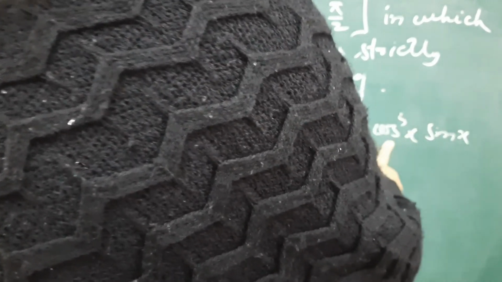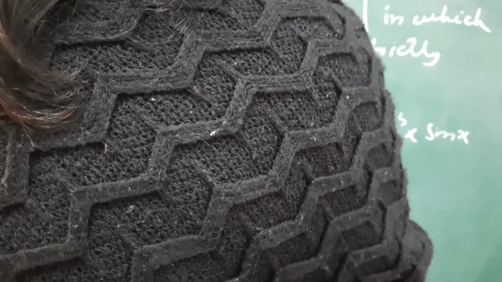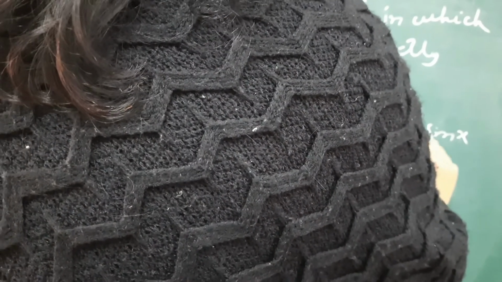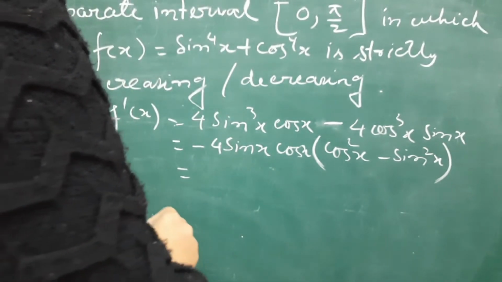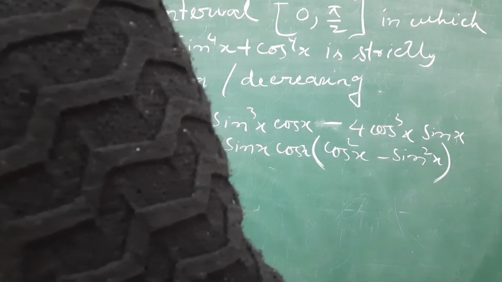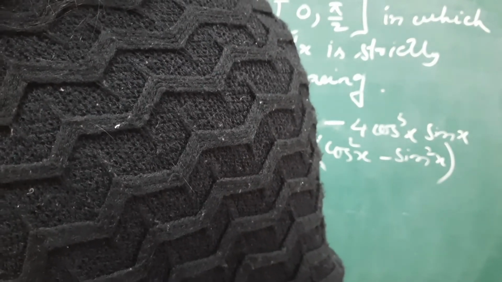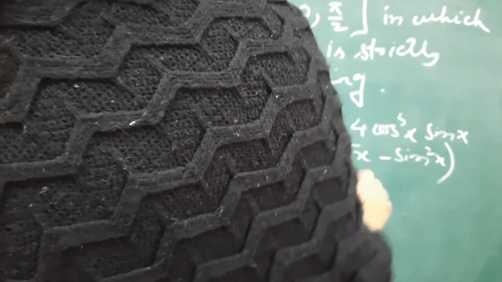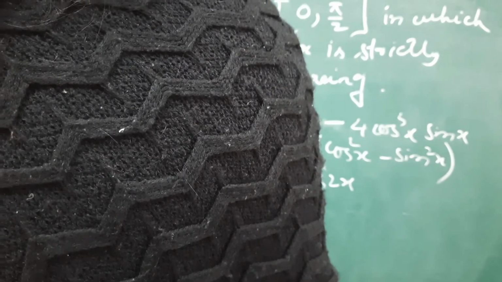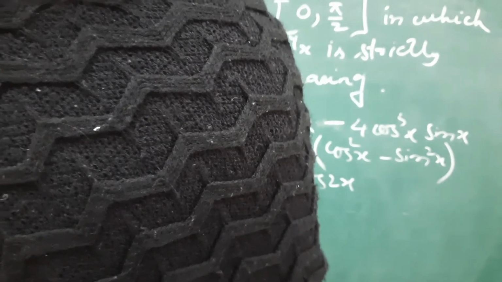After taking this common, we get cos square x minus sin square x, which is cos 2x, and 2 sin x cos x is sin 2x. So we get sin 2x cos 2x, that is equal to minus sin 4x.